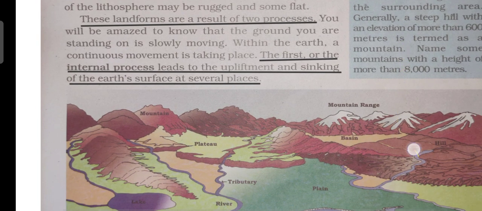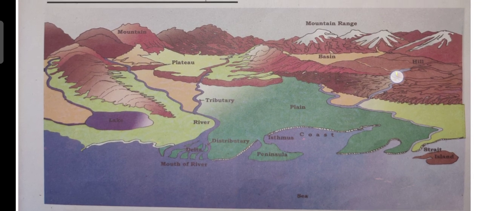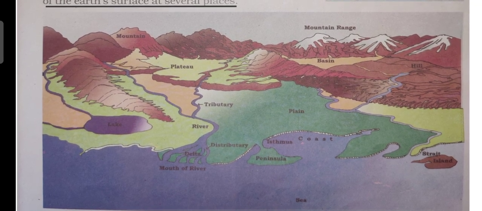Now, as you can see here, this is figure 6.1, and you can see that on the surface of the earth you have so many different types of landforms. As you can see, there are mountains, mountain range, plateau, basin, tributary, plain, river, distributary, delta, mouth of the river, sea, peninsula, isthmus, lake, strait, island.